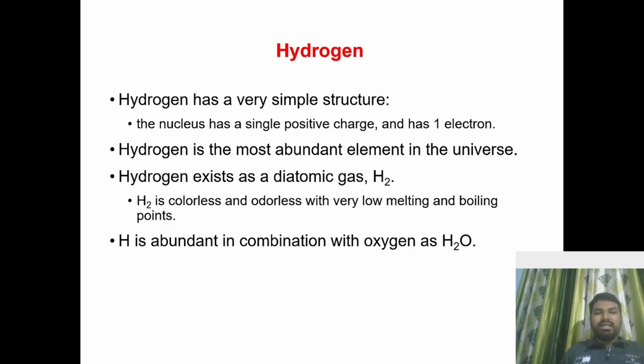H2 gas is colorless and odorless with very low melting and boiling points. Hydrogen is abundant in combination with oxygen as H2O, which means water. Generally, hydrogen is available in the gaseous state.